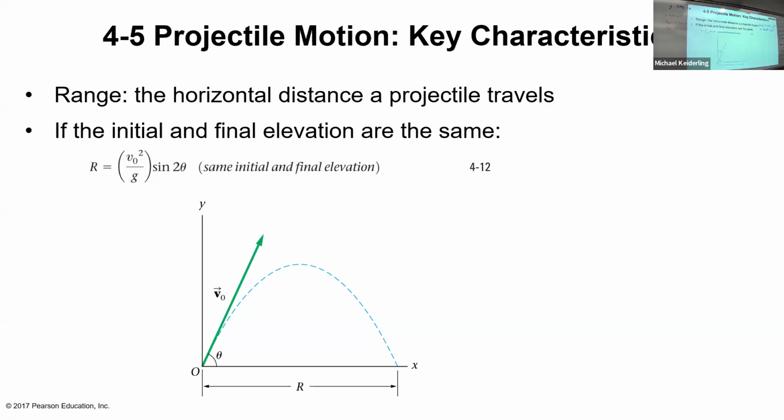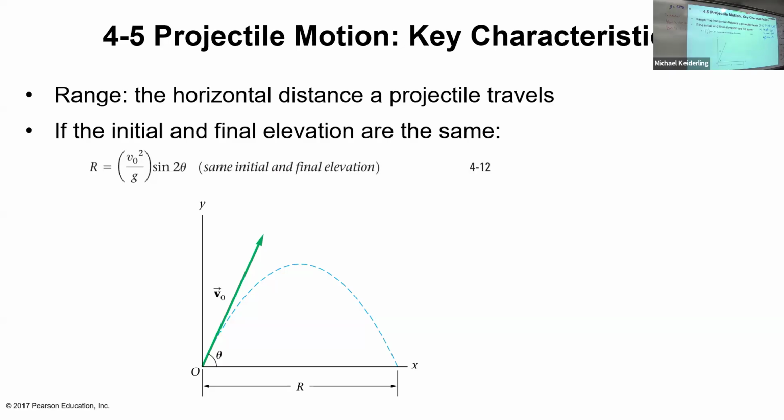We can divide both sides by t, which gives us v naught sine theta equals 1/2 g t. Then we can multiply by 2 and divide by g. We get 2 v naught over g times sine theta equals t. So now we have a formula for t.